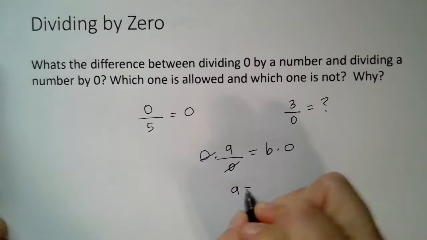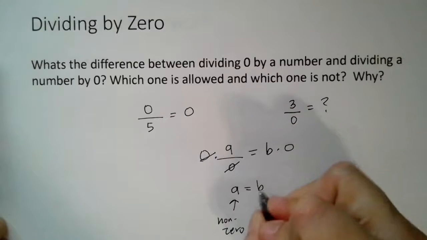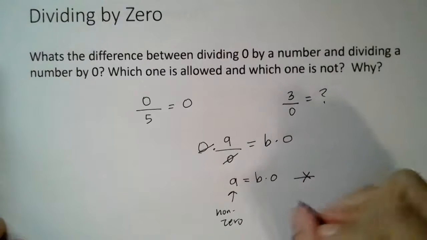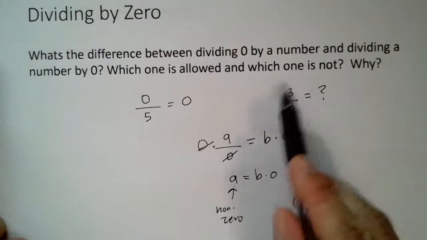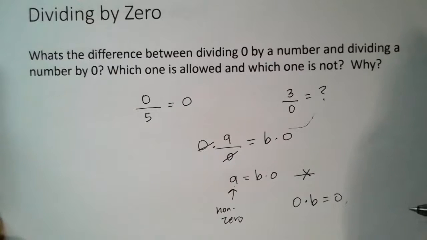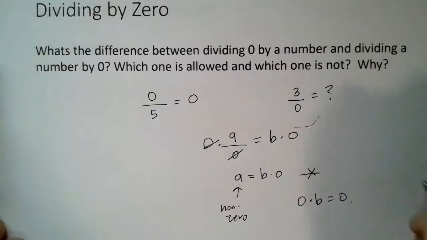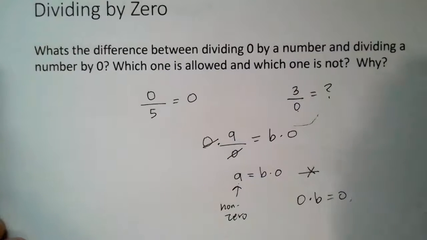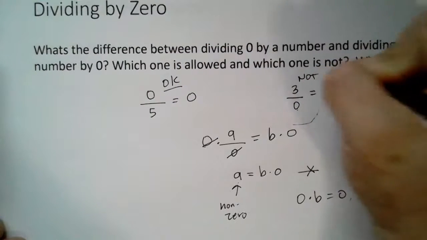I would get a, some non-zero number, equal to b times 0. But wait a minute, that's a contradiction, because we just said earlier that 0 times anything should be 0. So a does not equal 0. Therefore, you cannot divide by 0. It's kind of a little proof by contradiction. So the point is, we can divide 0, but we cannot divide by 0. That's really important. So this is okay, and this is not okay.